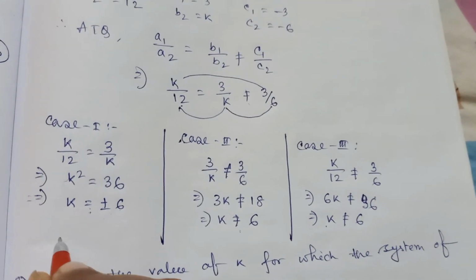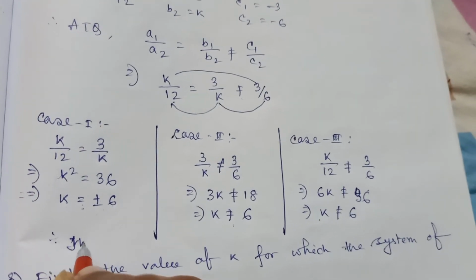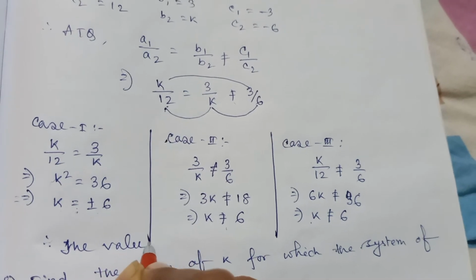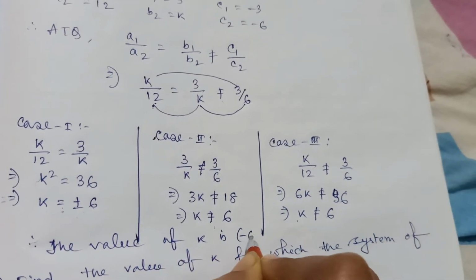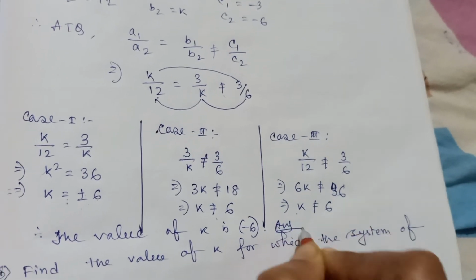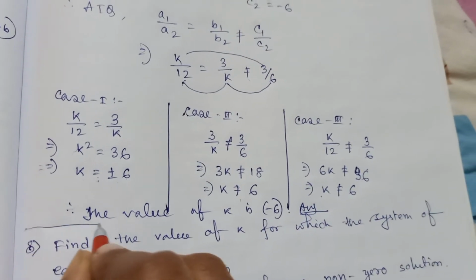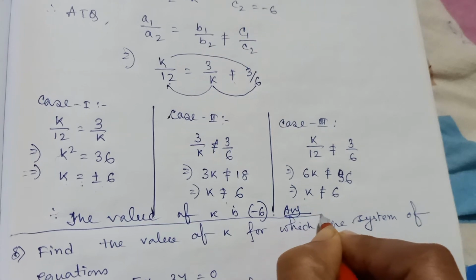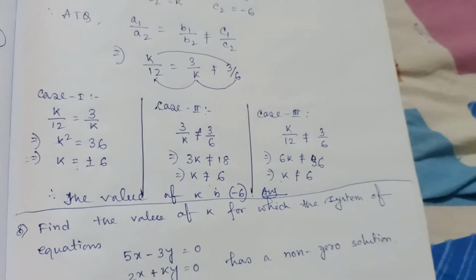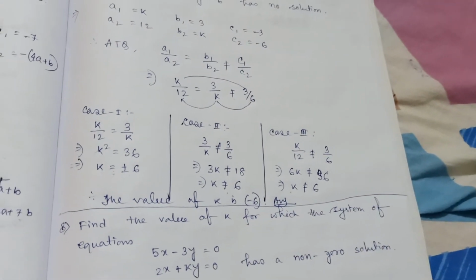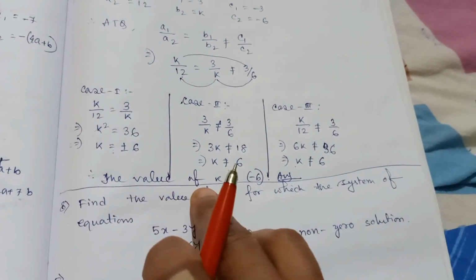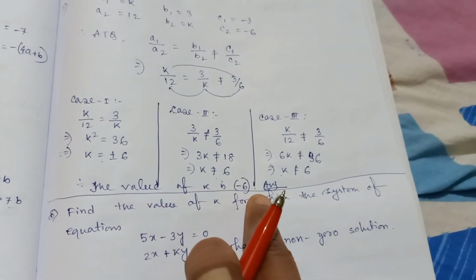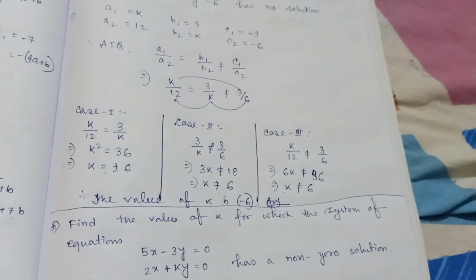So we will be writing that the value of K is minus 6, and this is the answer. Okay, I have written another question, that's why this is looking very consistent. So the value of K will be minus 6, and this is the answer.